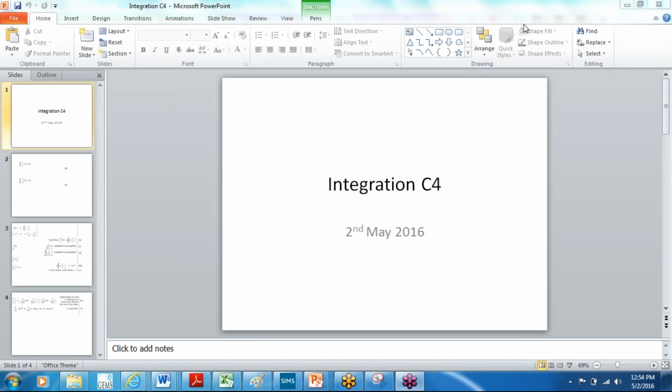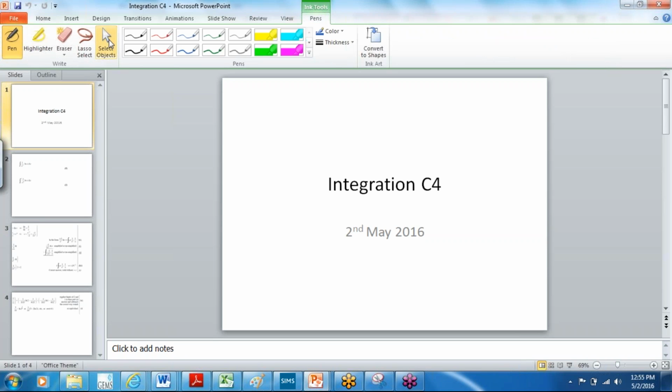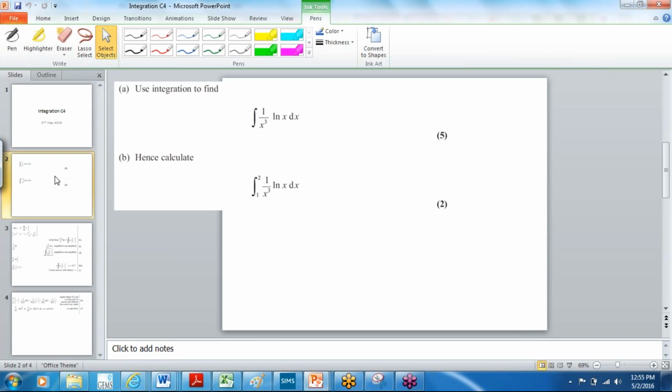When you look at the formula sheet for core mathematics in C4, you will see the formula that you require for integration. You may spot a question that says use integration to find.